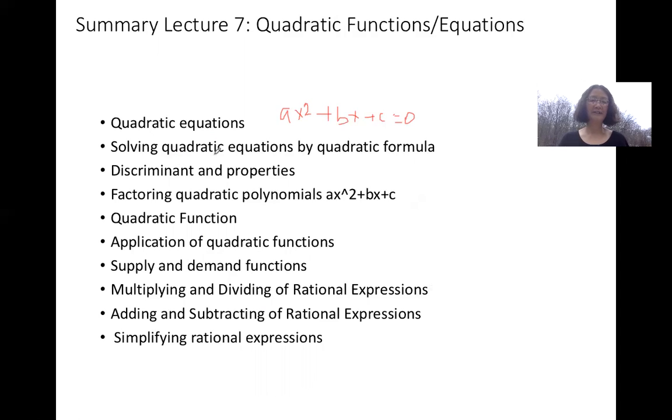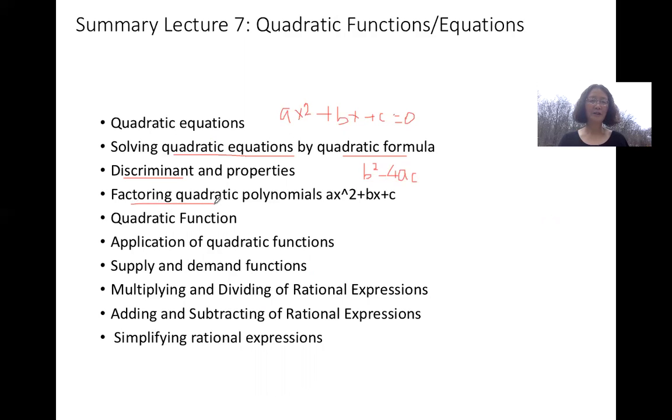The discriminant refers to the term b squared minus 4ac. Based on the discriminant, we can decide whether we have 2 different real solutions, one solution, or no solution in real numbers.